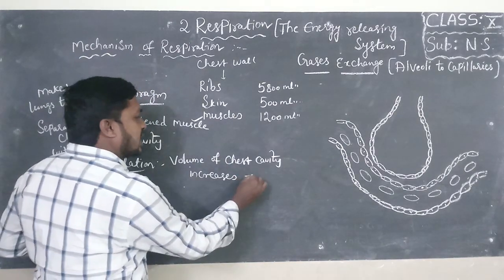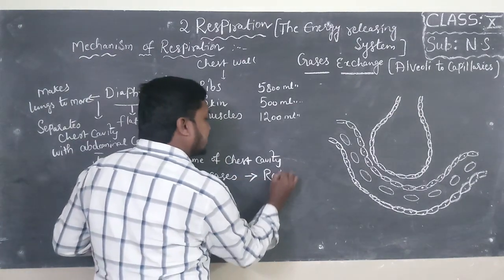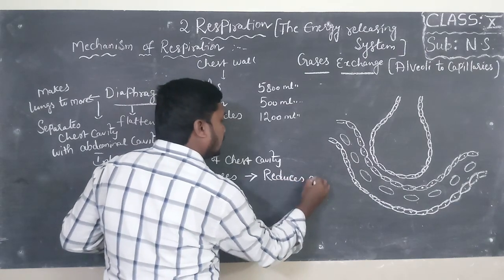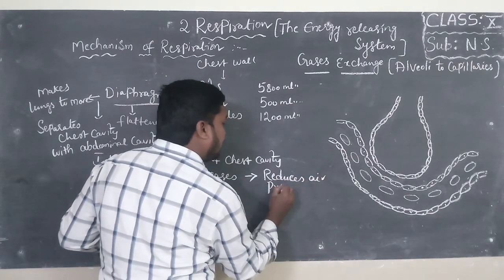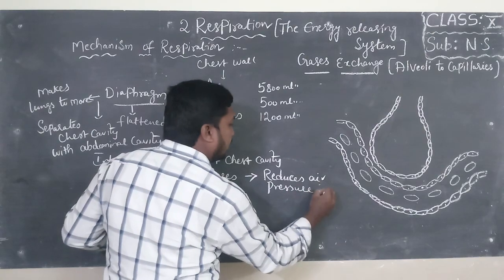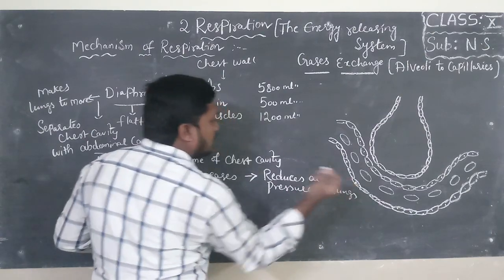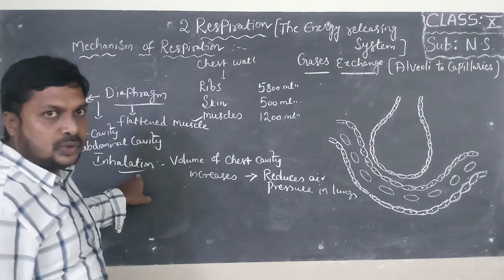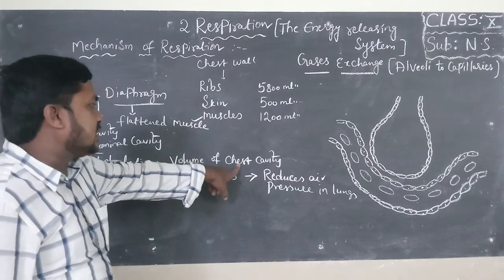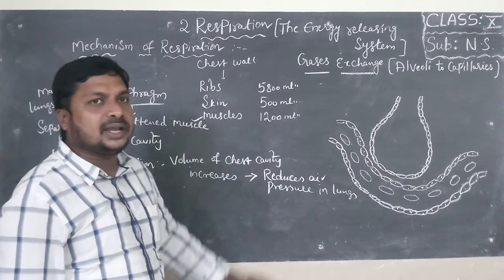When the volume of the chest cavity increases, it reduces the air pressure in the lungs.